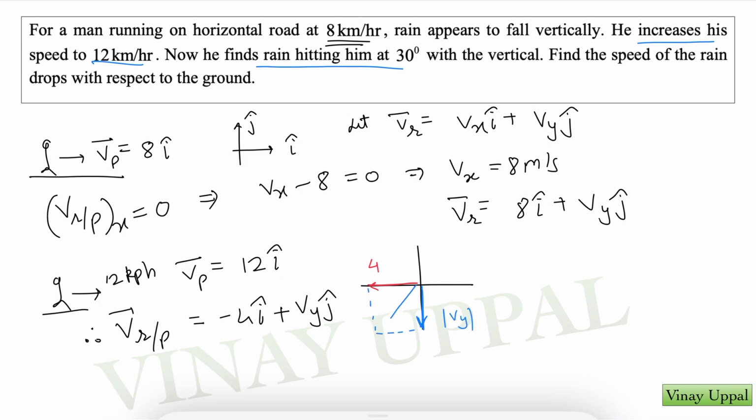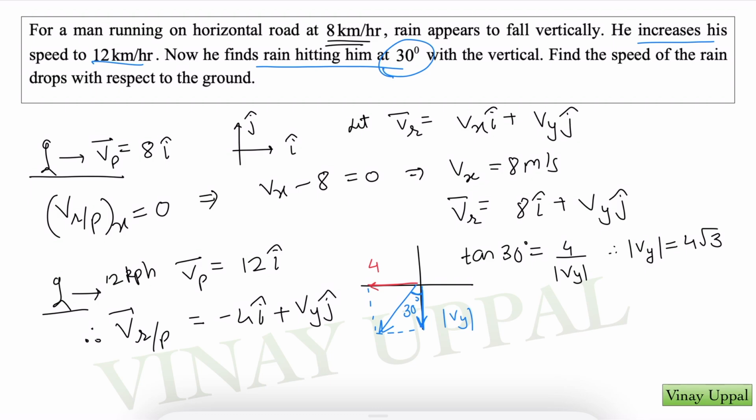And this resultant is making an angle of 30 degrees to the vertical. That is what the information is telling us. So now it's very straightforward. Just from this diagram, can I say tan 30 degrees is equal to 4 divided by the magnitude of Vy, and therefore the magnitude of Vy would be equal to 4 root 3.